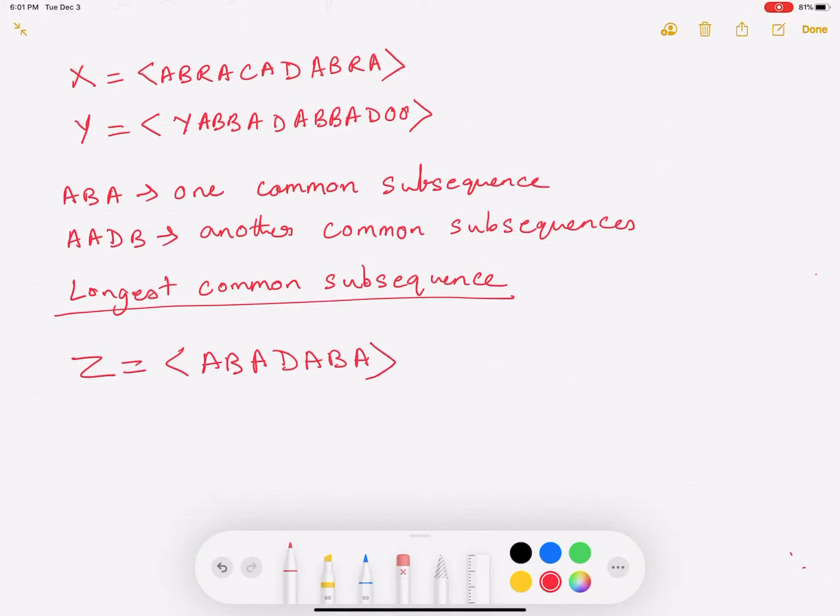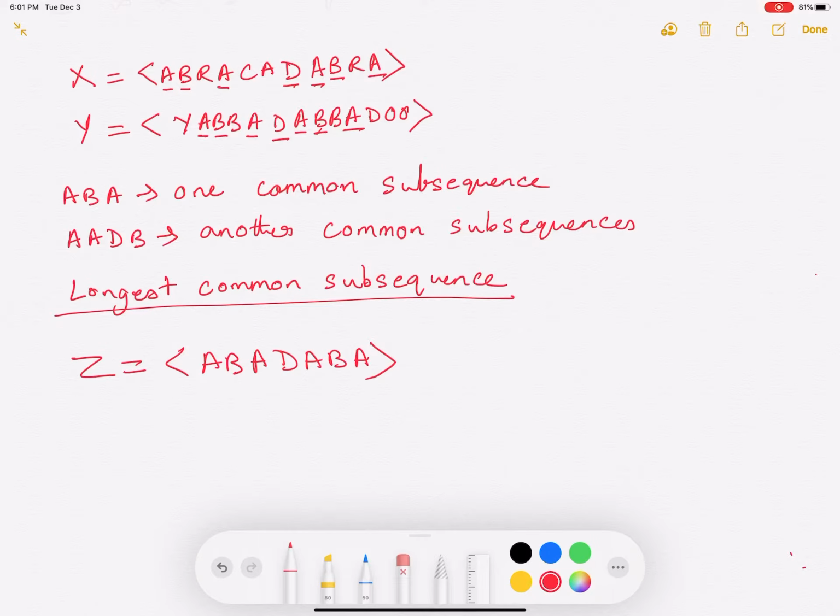This is the longest common subsequence between X and Y. Let's see if such a subsequence exists. Take A B, take this A, D, take this D, A, take this B, this A, this A. Okay, so Z is the longest common subsequence.